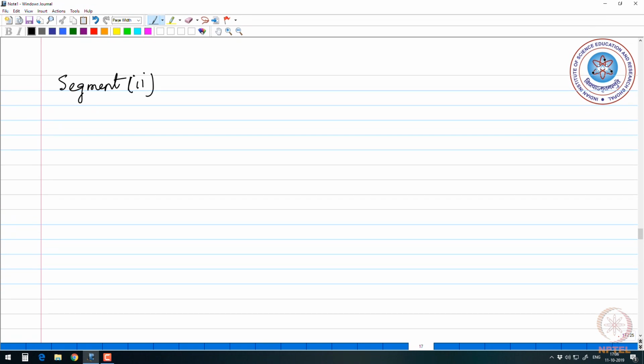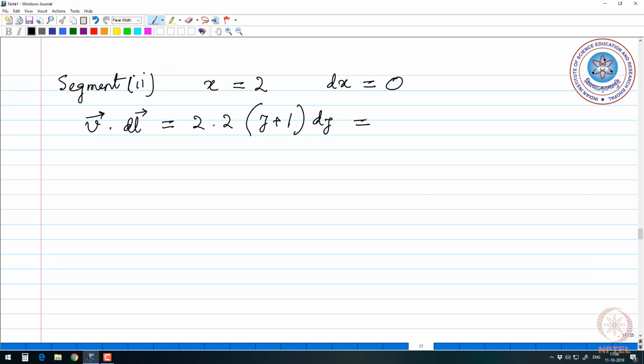In the second segment, we have x equals 2, which implies dx equals 0 for x being constant. So, v dot dl, this quantity will be 2 times 2y plus 1 dy, that is 4y dy plus 4 dy, and the integral will be over y only, because only dy terms survive here.